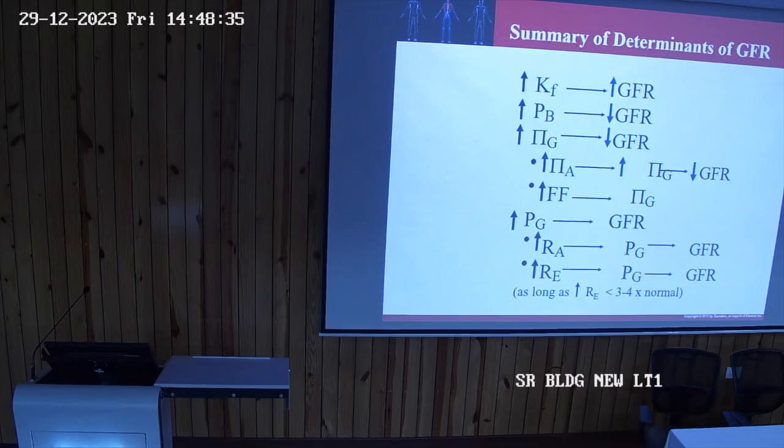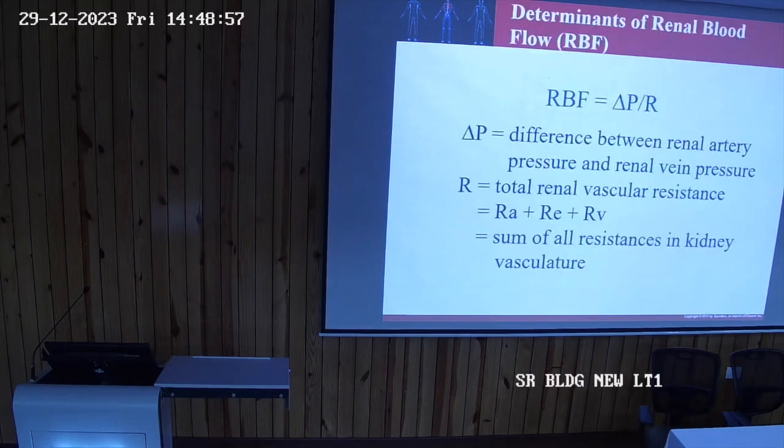This is efferent arteriole, filtration fraction. As long as increase in the efferent arteriole resistance is 3 to 4 times of the normal. So they have written the condition.